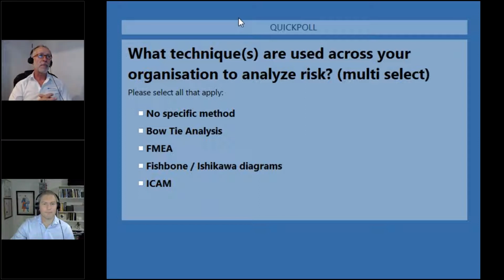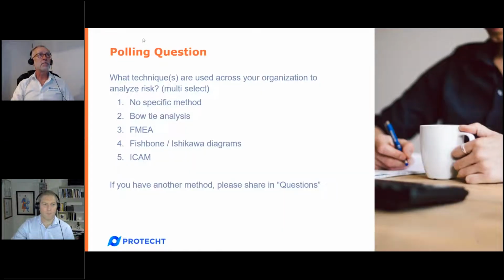I'll give you another about 15 to 20 seconds, and then I'll share the results with you. Okay, 5 seconds, and then I'm going to close. Okay, I'll share with you now.